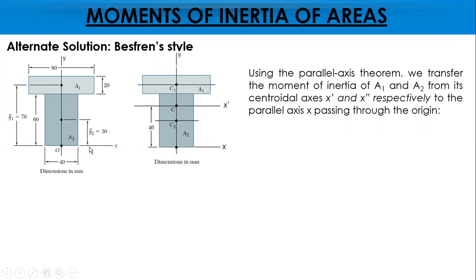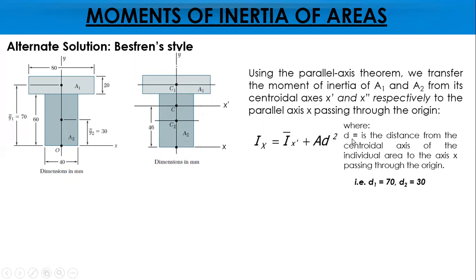Okay, then I transfer. It's the same expression, x prime, sorry, x prime and x double prime, basically centroidal. And this one is the x-axis. This is the distance from the centroidal axis of the individual area to our arbitrary x-axis, 70 for element 1. For element 2, 30. Right? It's very easy.